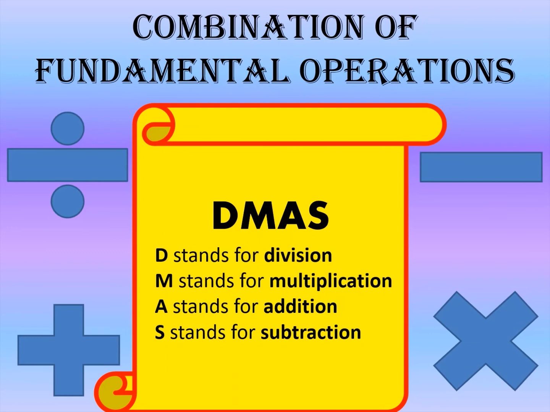Now we will discuss the combination of fundamental operations. This combination is defined in short form as DMAS, in which D stands for division, M stands for multiplication, A stands for addition, and S stands for subtraction.